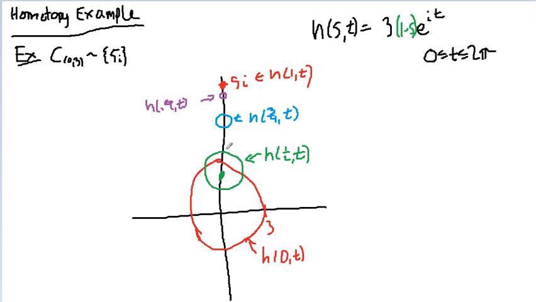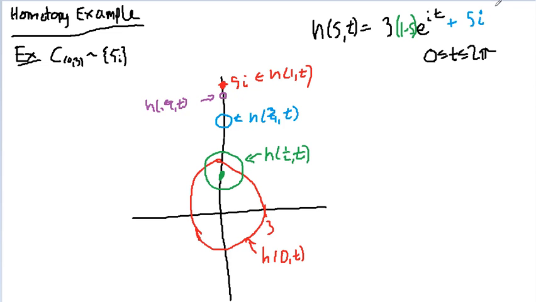I still need to make it go up, though. And I can do that, maybe I'll do that in blue, by adding to it 5i, because eventually I want it to go up to 5i, except I don't want it to always be raised up 5i, right? If I just had 3e to the it plus 5i, what I'd have is this red circle, except it'd be centered up here. The circle would look like that.